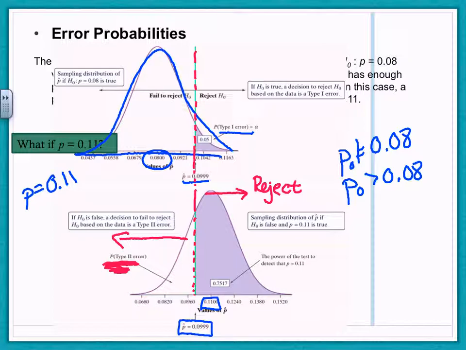So I can find out what that type 2 error is here by doing norm CDF, okay, from negative 999 all the way up to that 0.099 with a center at 0.11.